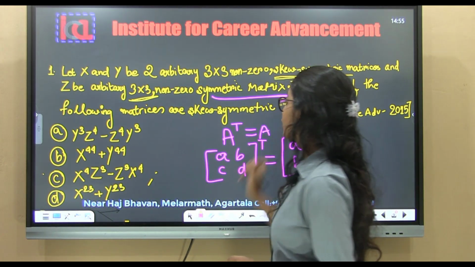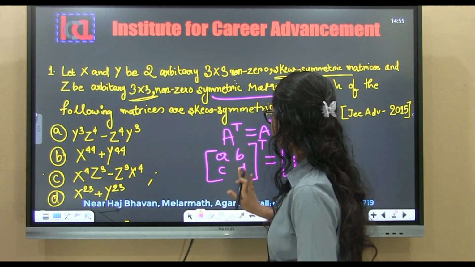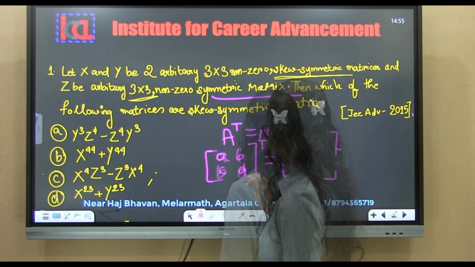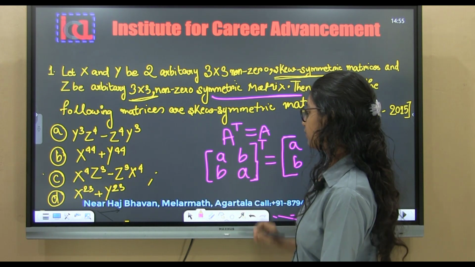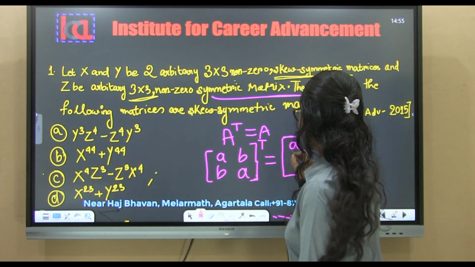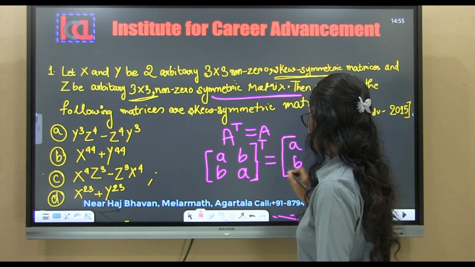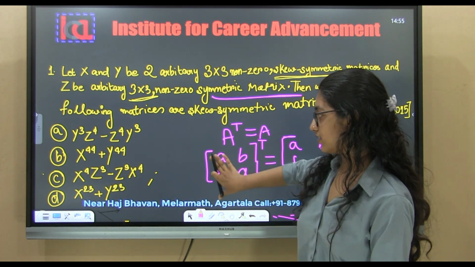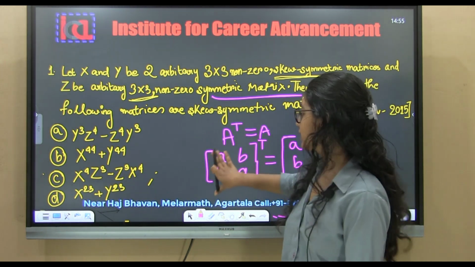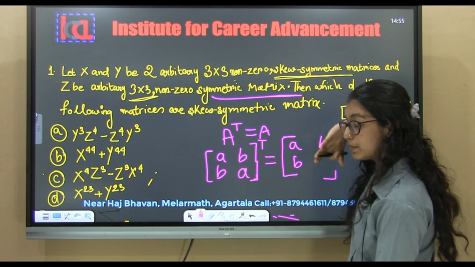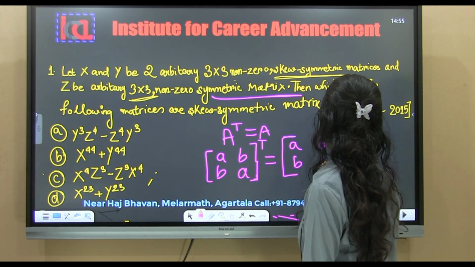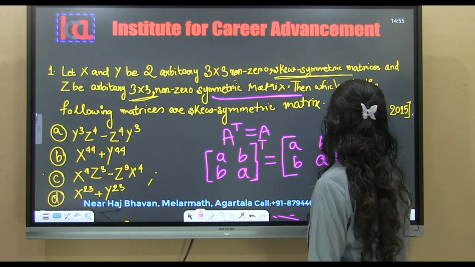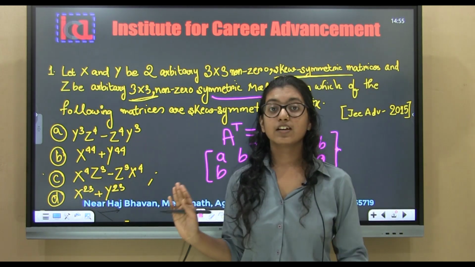So for suppose if we change this as, let this be a matrix, then if we transpose it, what will be the result? It will be A, B, this is the first column, this will become the row here, so A, B, A. So like this, what happens?